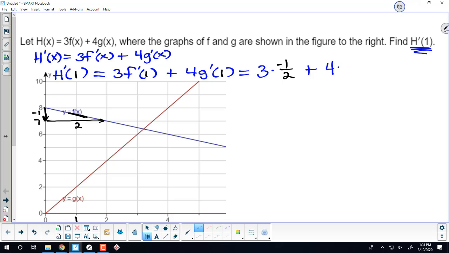Do that again, g prime of 1. Again, what's the slope here at that point? It's always the same, so we can go up 2 and to the right 1.